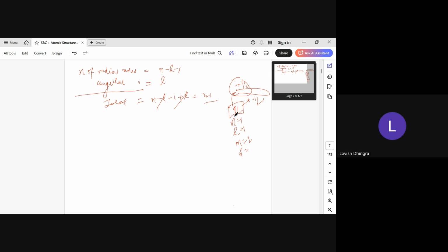At least one quantum number should be different. Only then can we say it is following Pauli's exclusion principle. So electrons should always be present in a particular orbital with opposite spins. That is what Pauli's exclusion principle says. Okay, what about Hund's principle?